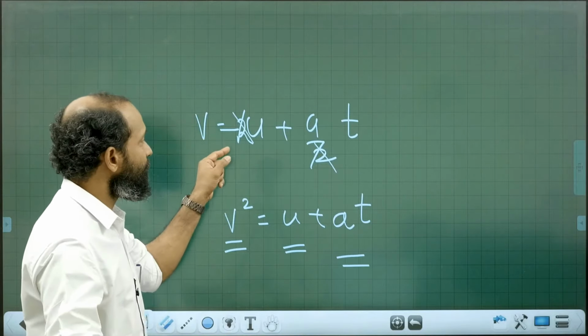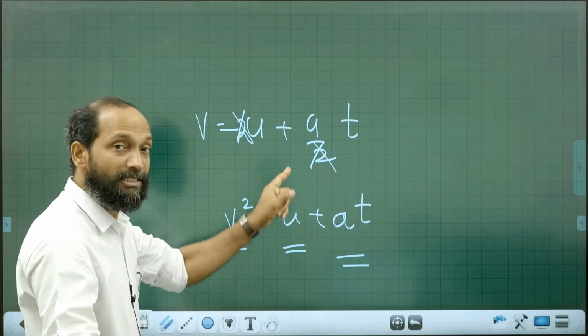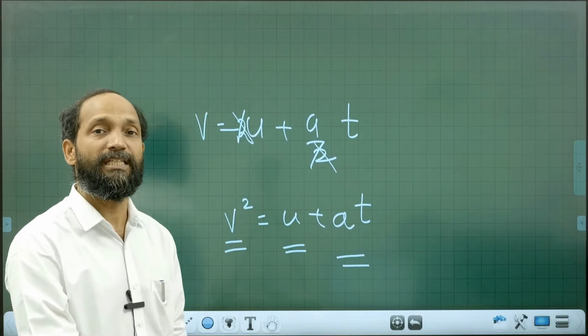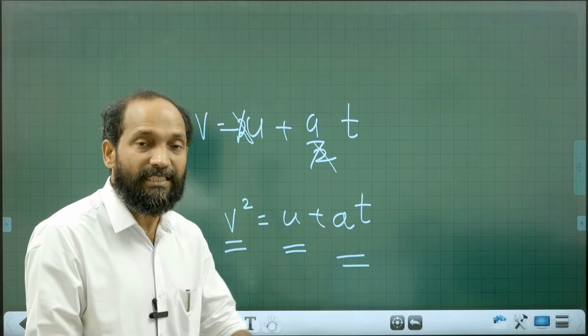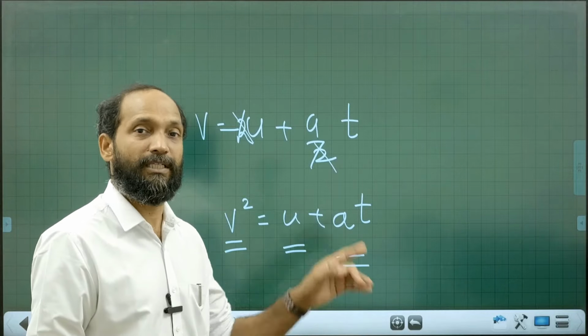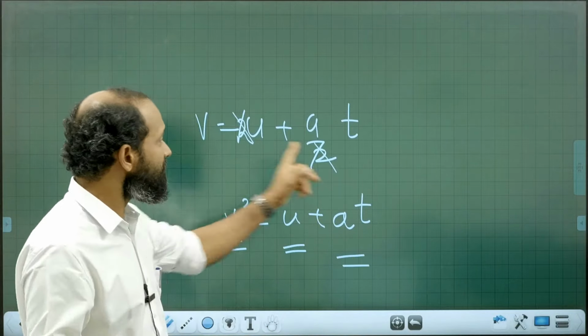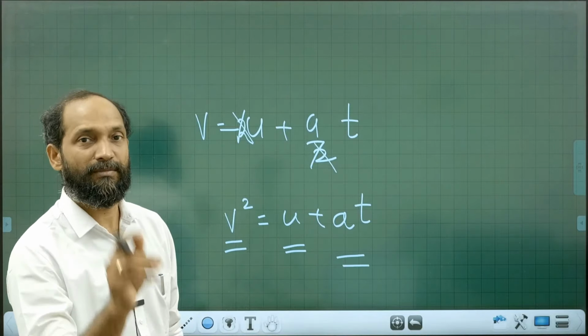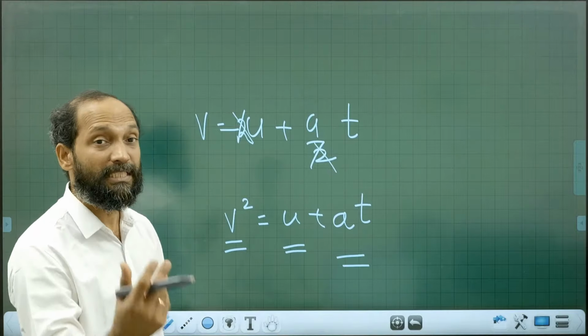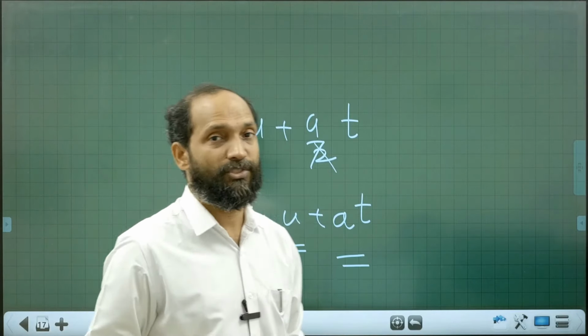But the first equation I wrote is dimensionally correct, yet physically incorrect. So a dimensionally incorrect equation cannot be physically correct, but a dimensionally correct one need not be physically correct. This important point may be tested as a statement type question in your paper.